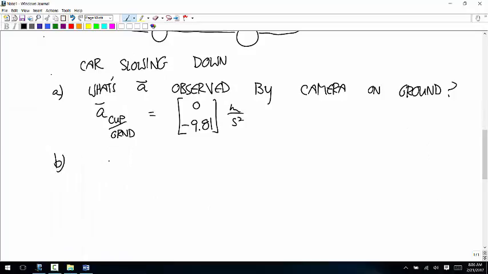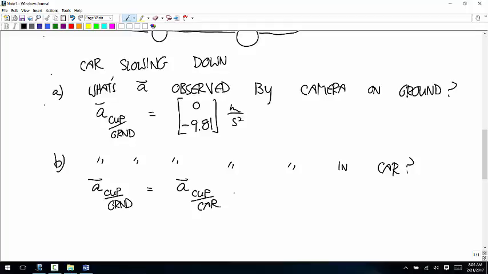So now, what's the acceleration observed by a camera in the car? The relative motion equation says the acceleration of the cup relative to the ground is equal to the acceleration of the cup relative to the car plus the acceleration of the car relative to the ground.